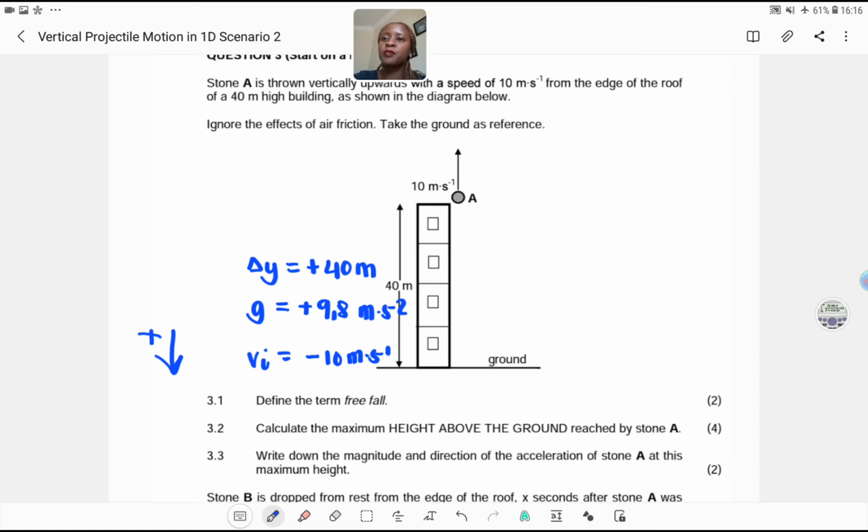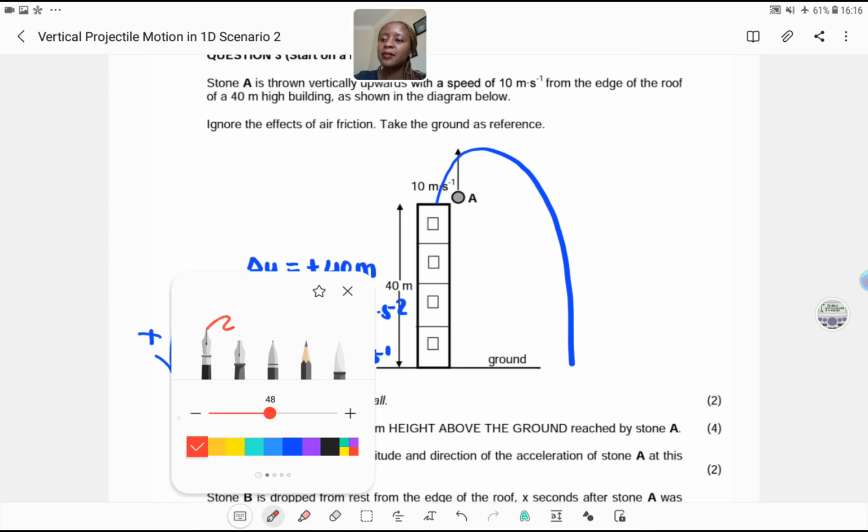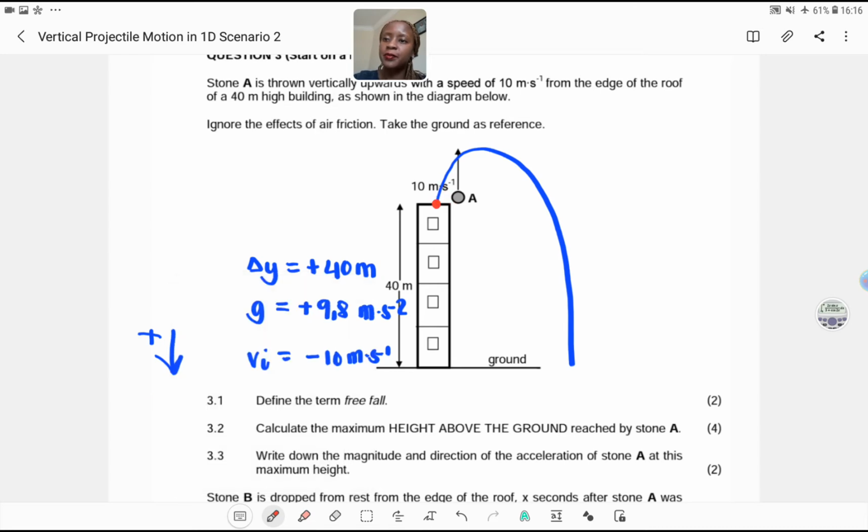So the motion of this ball, basically, if I were to draw a displacement time graph, it would look something like this, where my initial velocity here is going to be negative, right? And taking my velocity this side, it will be equal to my initial velocity but positive.